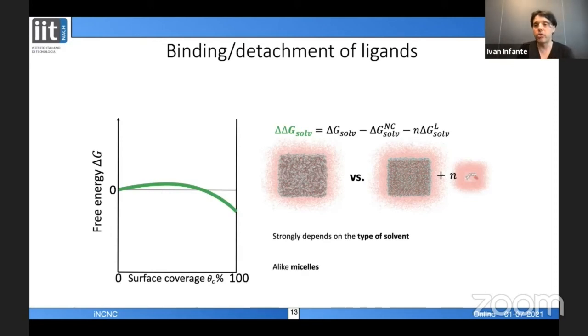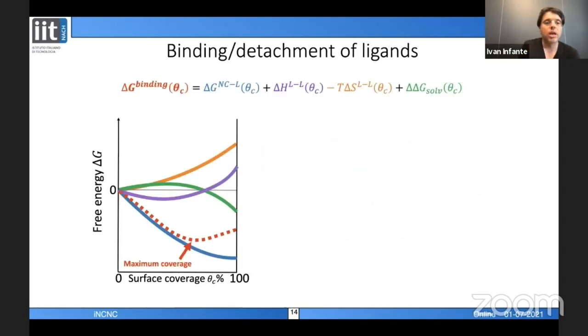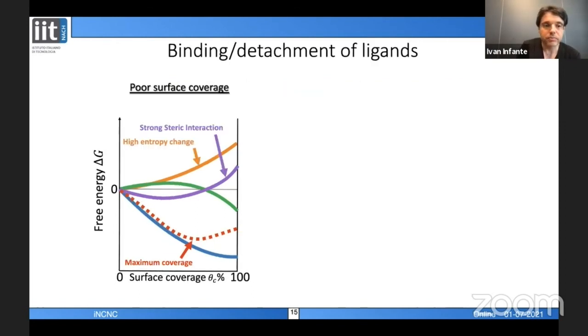But then what we can do is that we can actually give all the free energy contributions in one single plot. And then what we actually have is that they become additive. So this is the total free energy of binding. If you put them all together and you add them up, you can have a maximum free energy at a surface coverage that is not 100%, but below 100%.